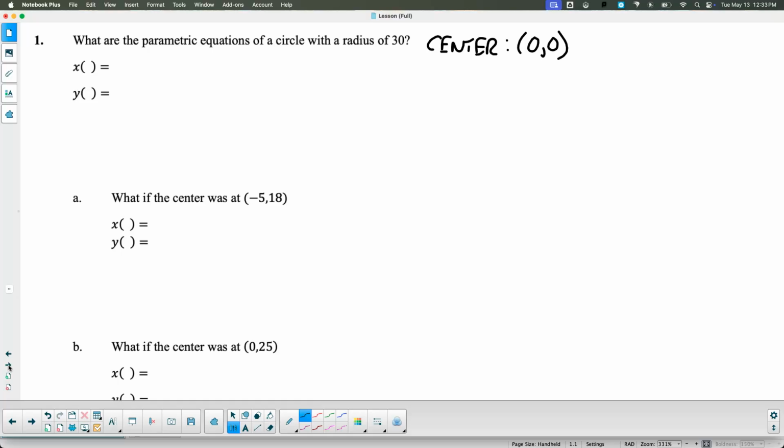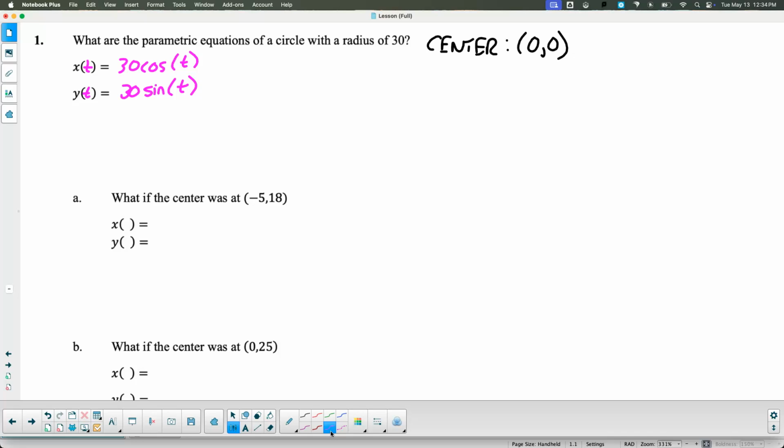What are the parametric equations for that? 30 cosine of t. Yep, we gotta have the t. We gotta have a variable in there. So x of t would be 30 cosine of t. y of t would be 30 sine of t.